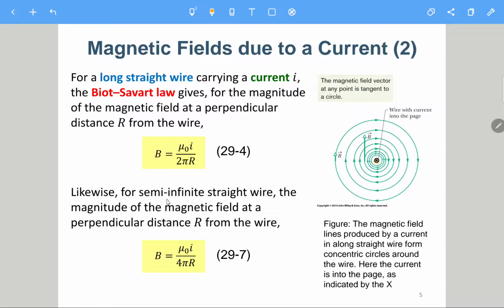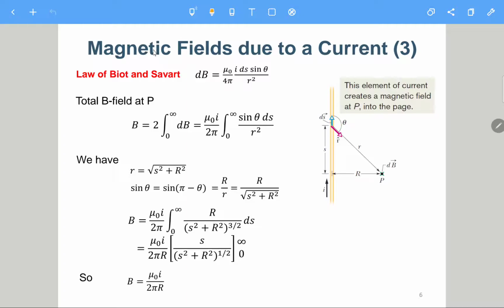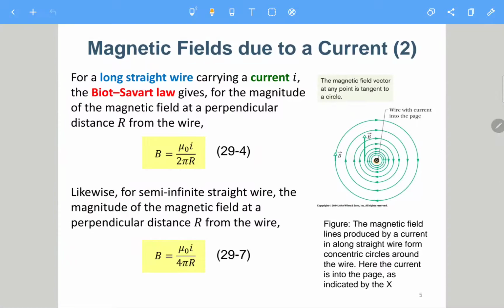So actually this one is half of the top one, because a long straight wire means from minus infinity to positive infinity, and now it is only 0 to infinity, so it is only half of it. So this is how we could derive this very important expression.